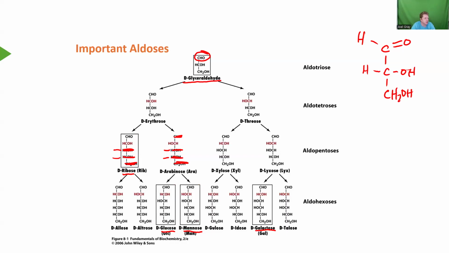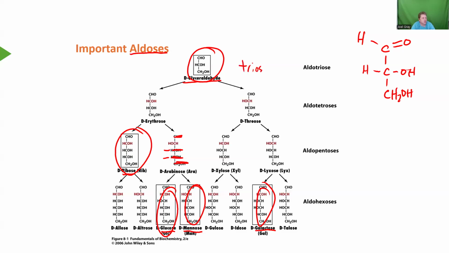Now, again, like I said, the sugars that I want you to know the structures of and be able to recall are the ones that are boxed: glyceraldehyde, ribose, glucose, mannose, galactose. Now, all of these sugars are aldoses. You have an aldotriose. That term right there, aldotriose, tells you that you have an aldehyde functional group, tri meaning three, and then OSE meaning it's a sugar.